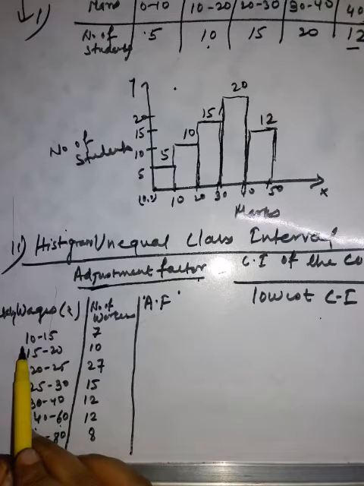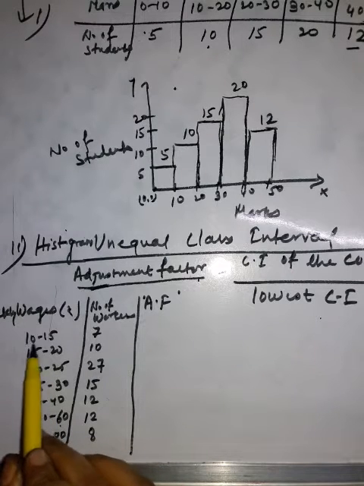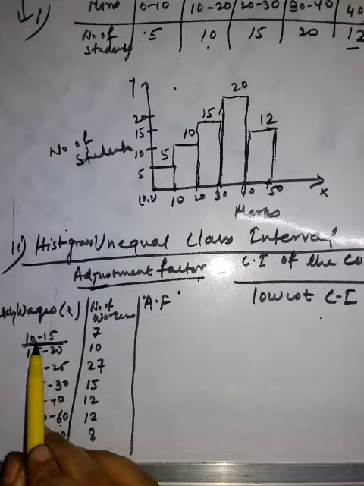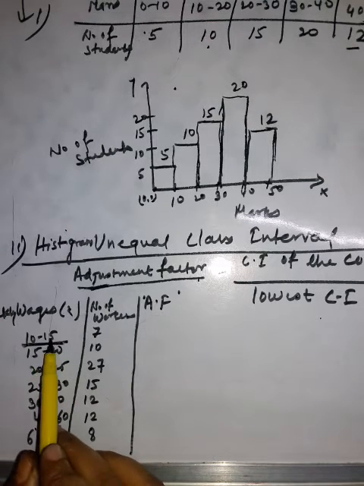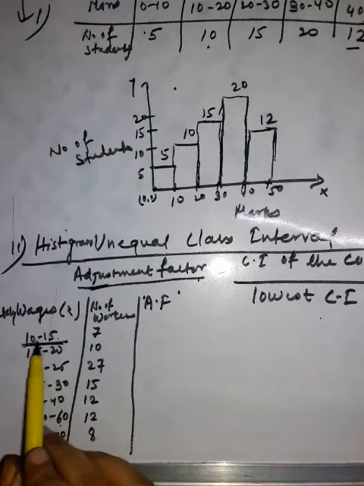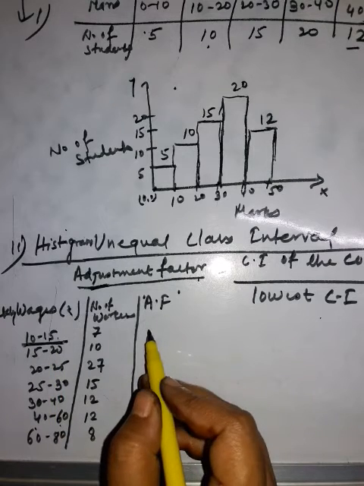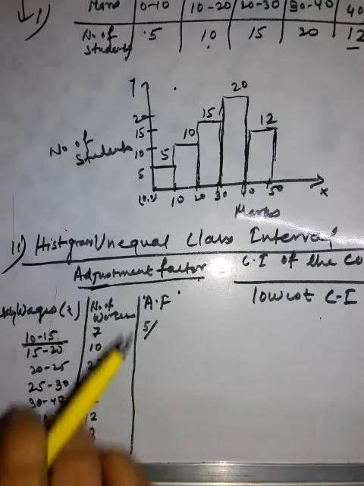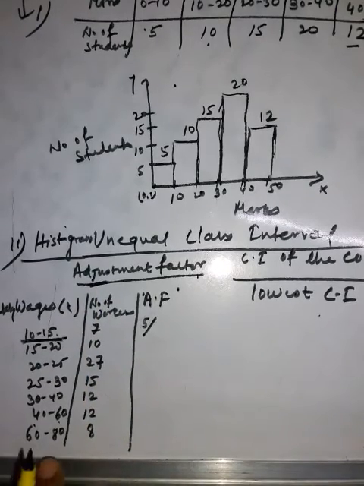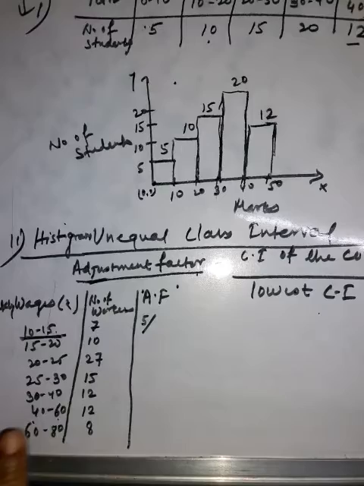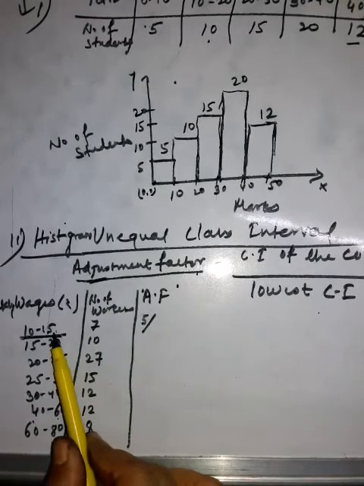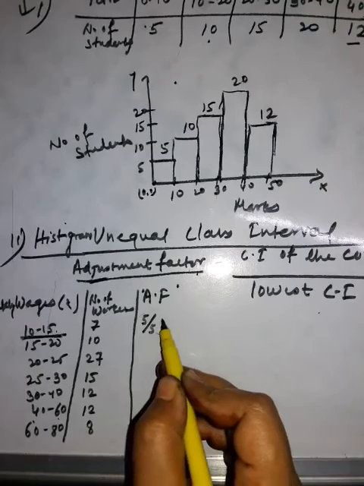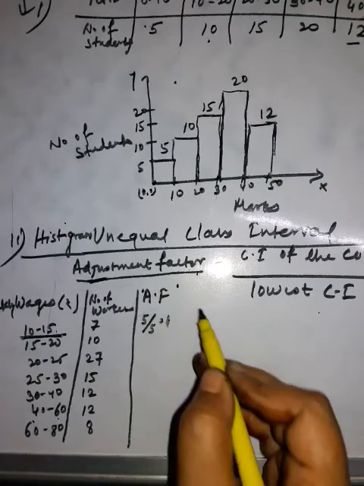The class interval of this class is 5, the difference between the lowest and highest limits. The lowest class interval among all classes is again 5. So here that ratio will be 1.